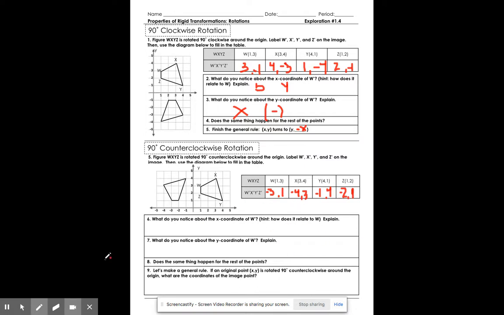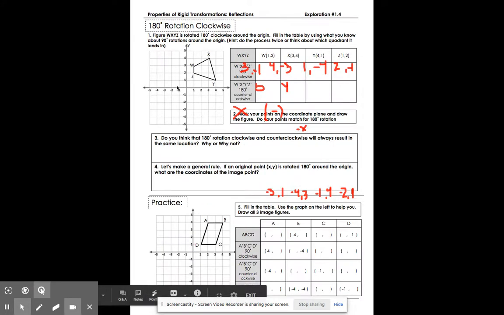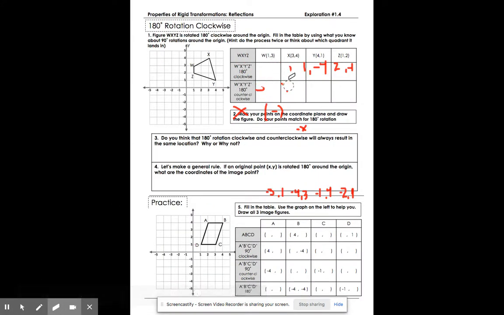Let's go ahead and move on to 180-degree rotation. 180-degree rotation is actually a lot simpler, because the only thing that happens is that our coordinates both just change sign. Our Z is at (1, 2), so this one will become (-1, -2) if we're rotating 180 degrees around the origin.